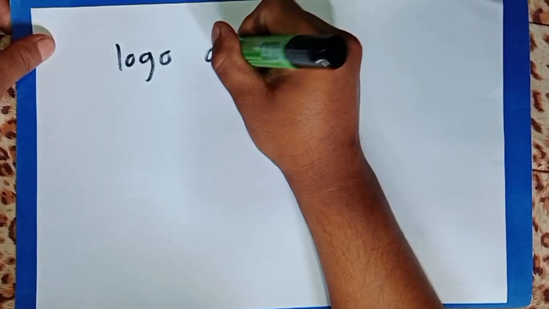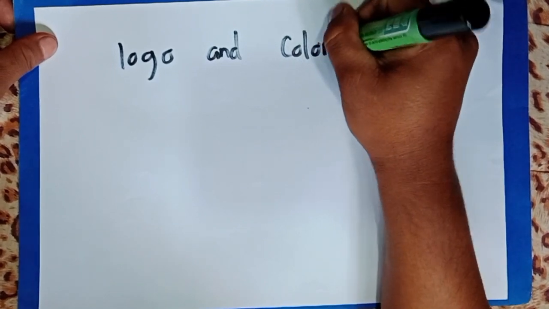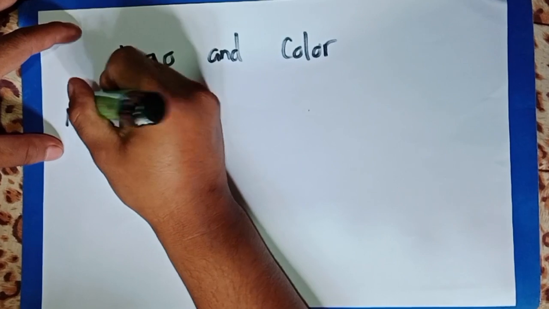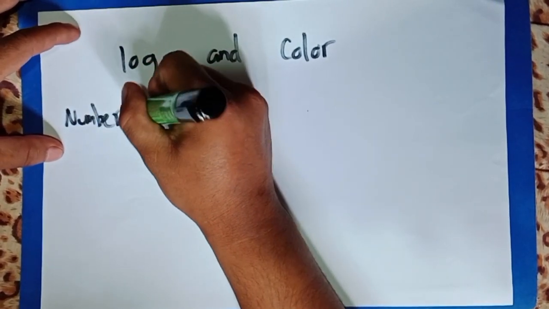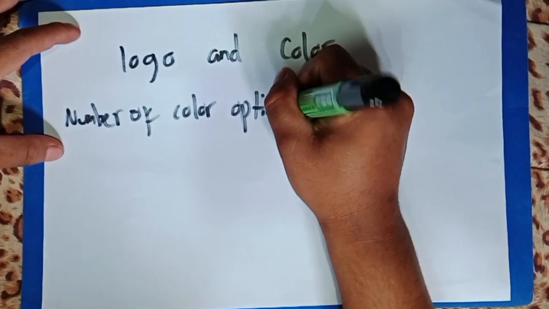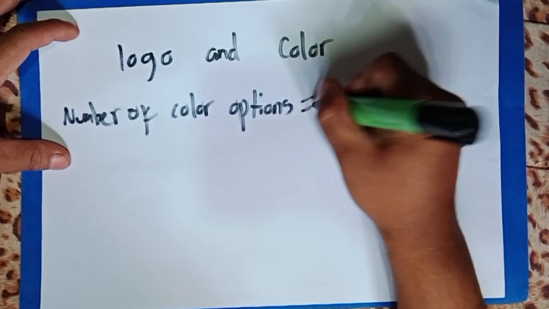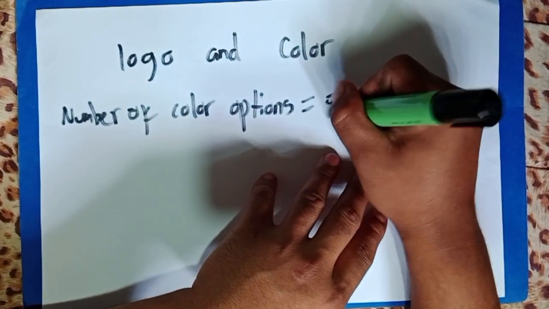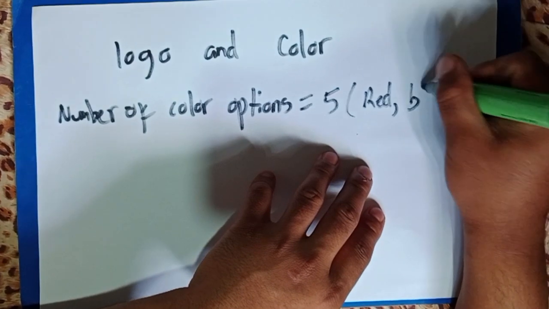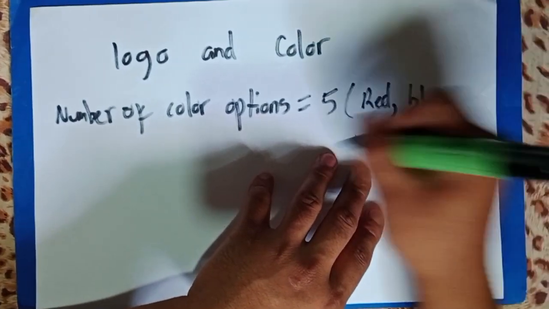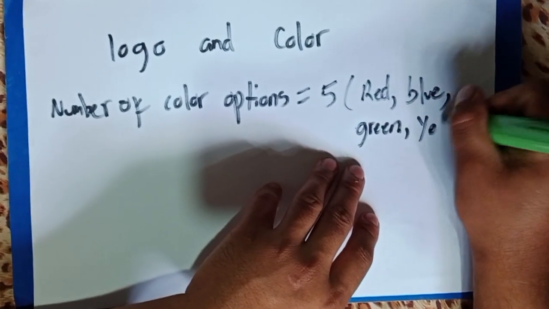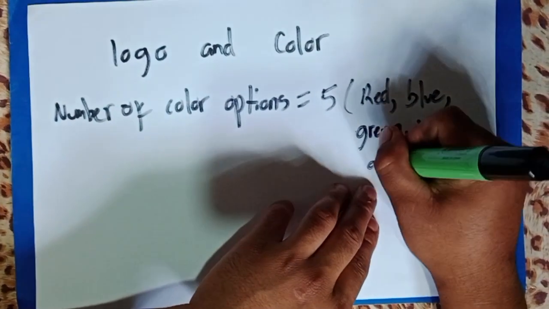First, the number of color options: we have 5 different color options, red, blue, green, yellow, and black.